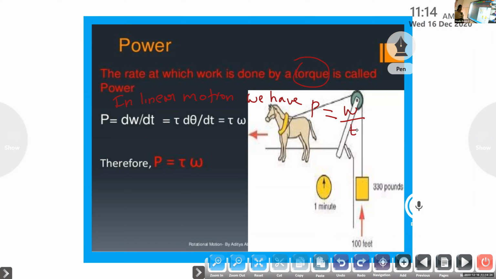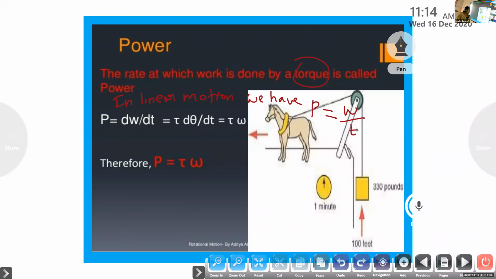Therefore, next line: change in work done in change in time, for a particle in a rigid system. Ma'am, can you tell again, change in work done?